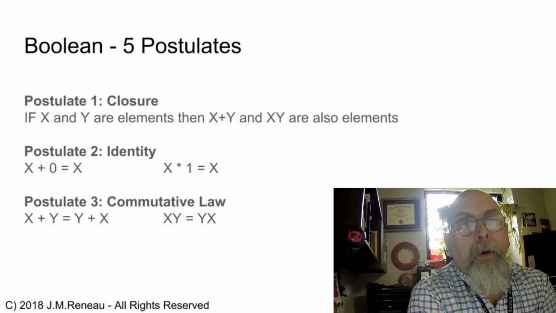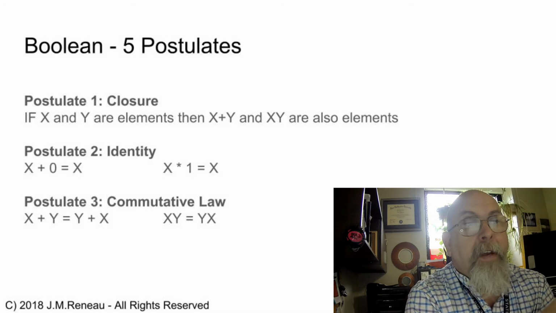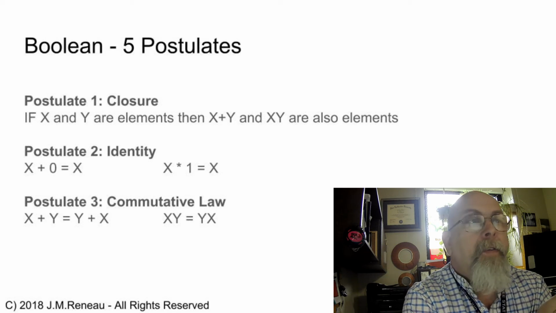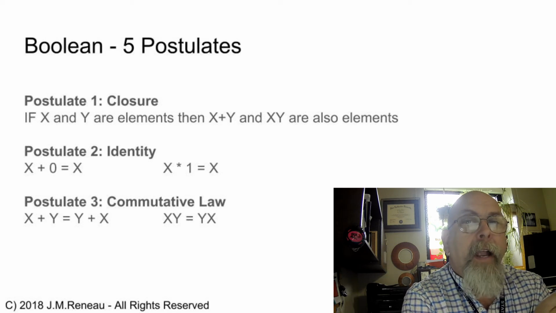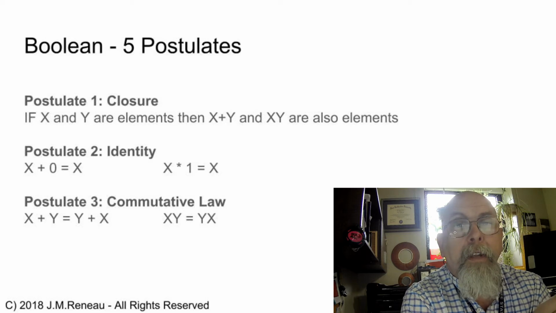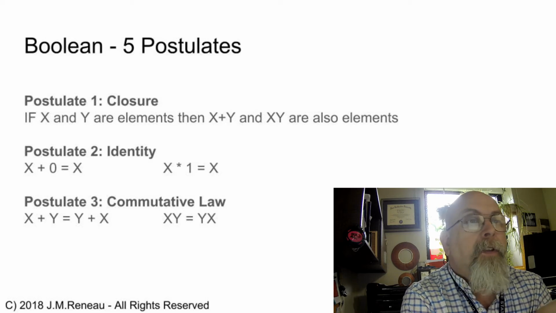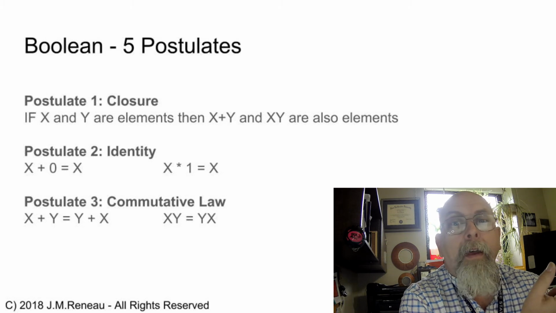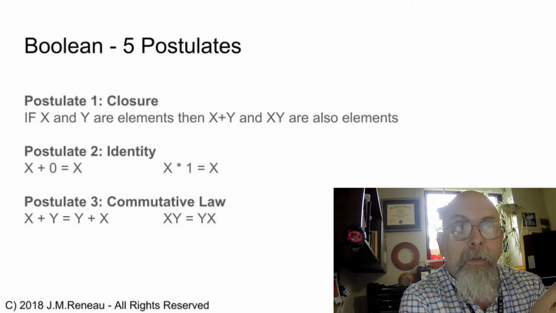Just like in algebra, we had postulates and theorems that told us how algebraic expressions work. There are 5 postulates that I would like you to be familiar with when you're dealing with Boolean expressions. The first is the postulate of closure. What closure says is that you can replace an element with an equation for simplification purposes.